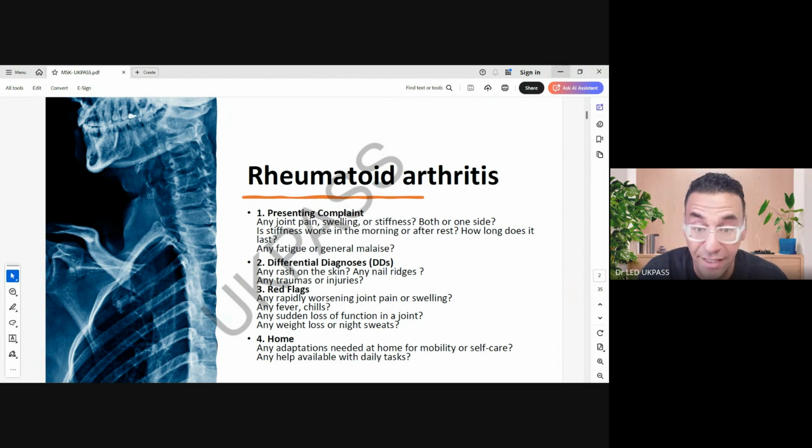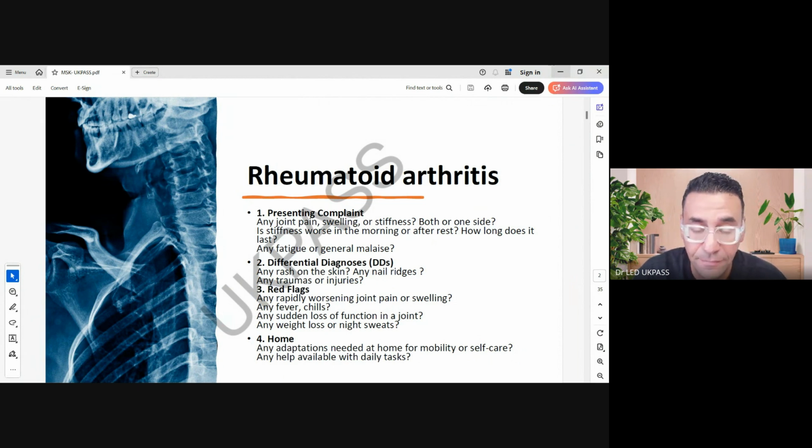Okay, this is how to explain rheumatoid arthritis. It is very important to train yourself on various medical conditions and how to explain them effectively. It saves your time in your exam and in your day-to-day practice with patients.